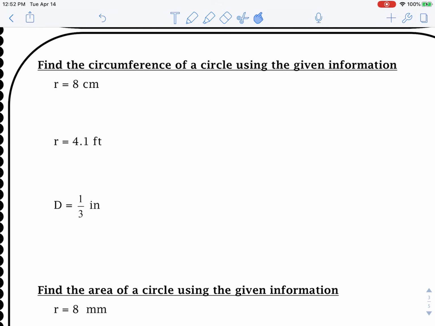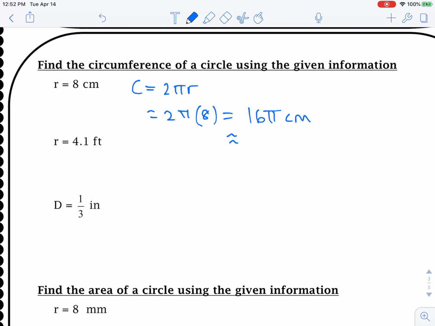So find the circumference given the following. Given radius, circumference is 2 pi r. So 2 pi times 8 would be 16 pi centimeters.